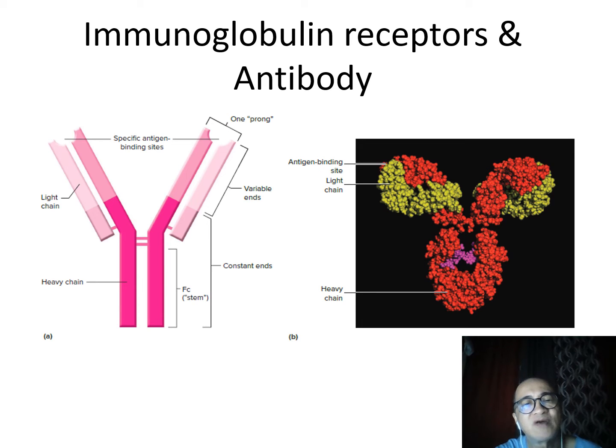Immunoglobulins have a stem called the Fc portion, and the upper part of the prongs is the antigen binding site, which is the most variable part that allows millions of different receptors and antibodies to bind to any kind of antigen one can encounter in a lifetime.